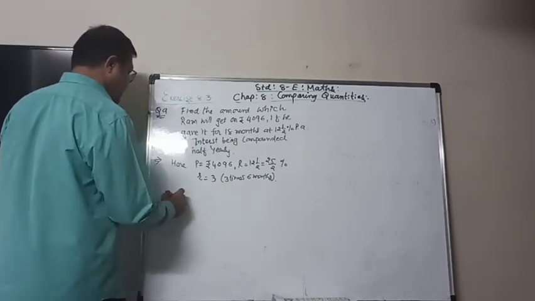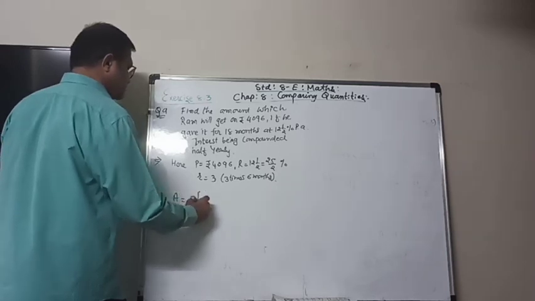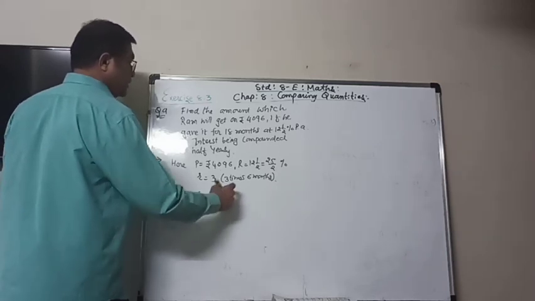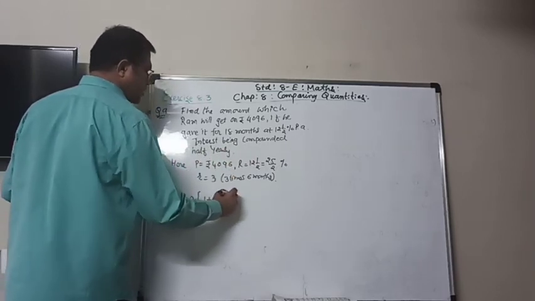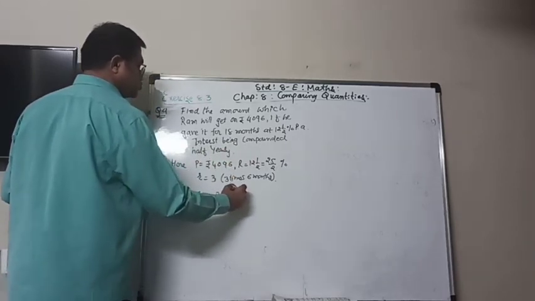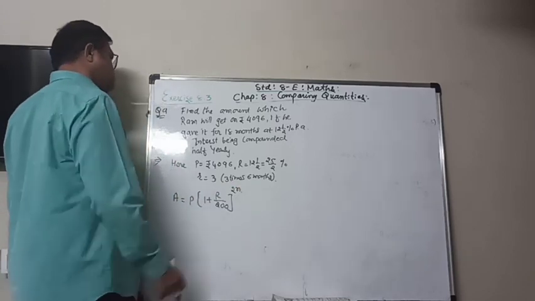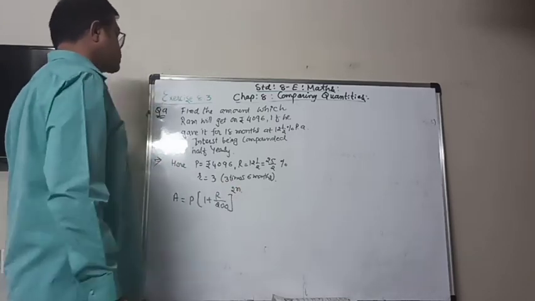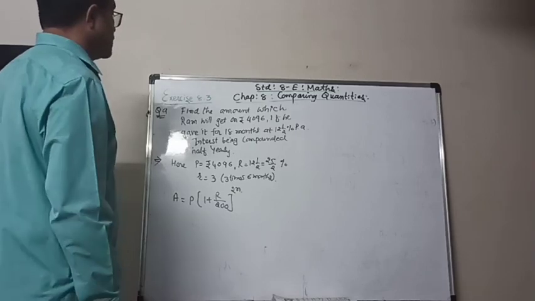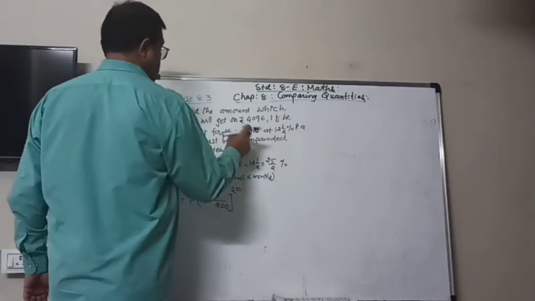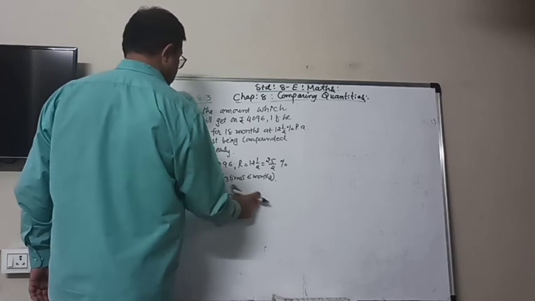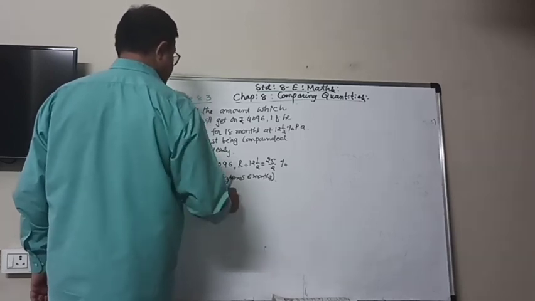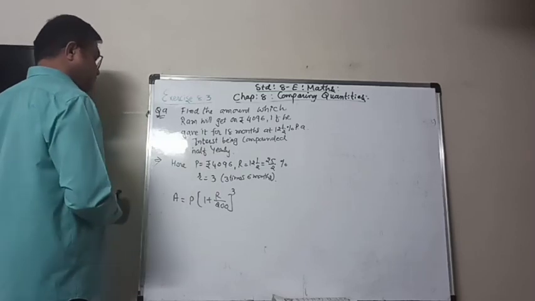So now A is equal to P, but here compounded half yearly, so 1 plus R upon 200 raised to 2n. Here you can directly write down the n as 3 also.